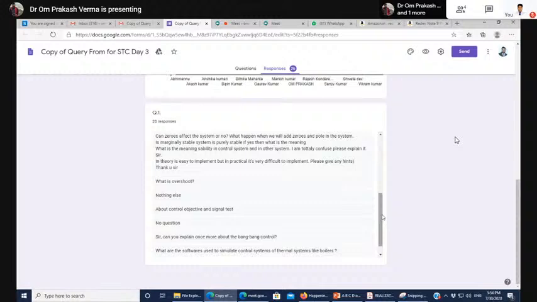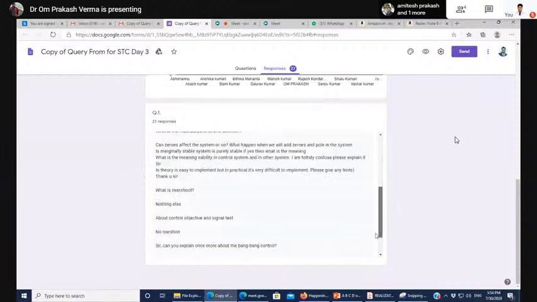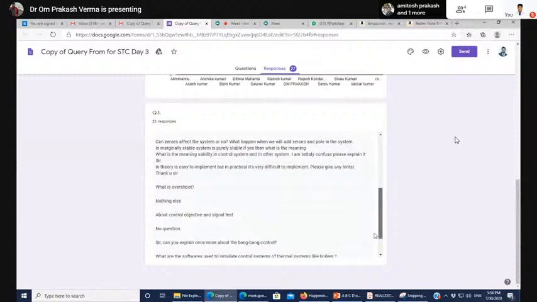Signal test we have discussed already: the impulse signal, step signal, and ramp signal. What is BIBO versus transfer function? Again, we have already taken that.